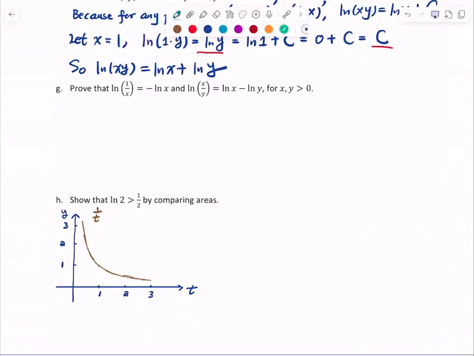So the net area here, based on the definition of ln of 2. The area of this region that I'm shading is based on the definition of ln of 2.